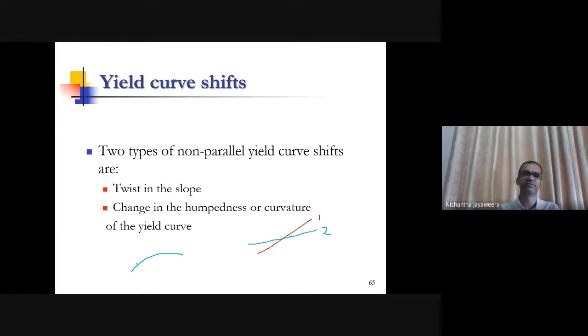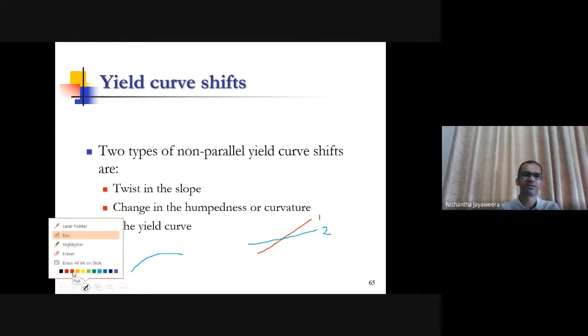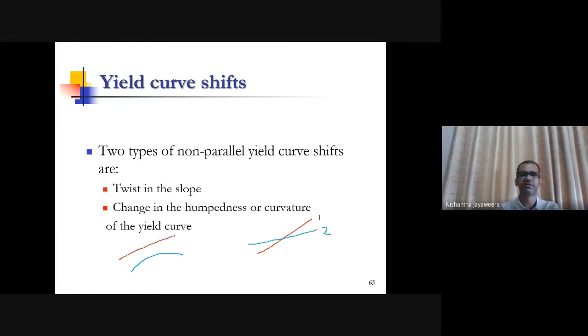If the curve was like this, the next one could be something like this. Short-term and long-term yields increase by large amounts compared to the middle of the time period.